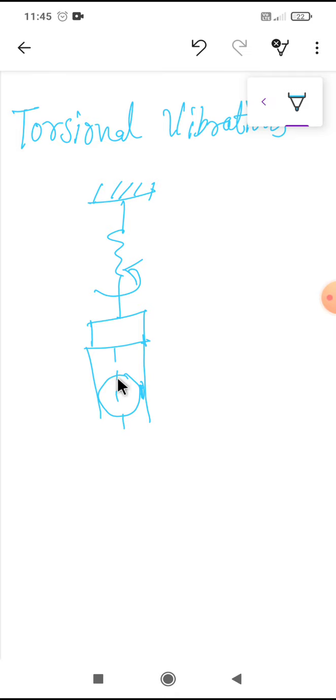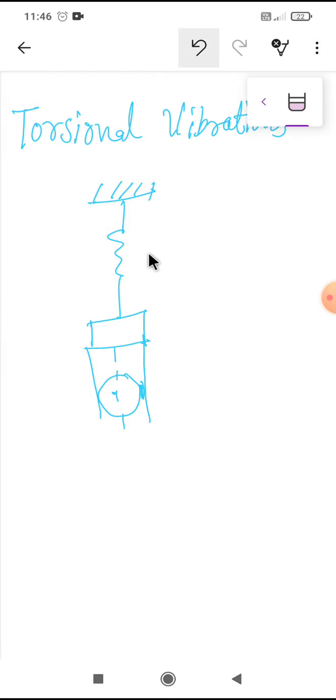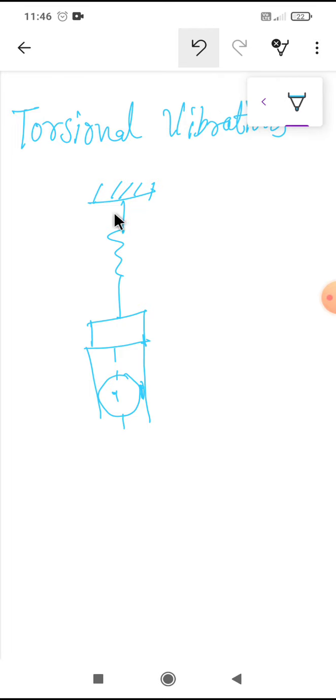Suppose this circular disc is moving. Suppose I am twisting in this direction.